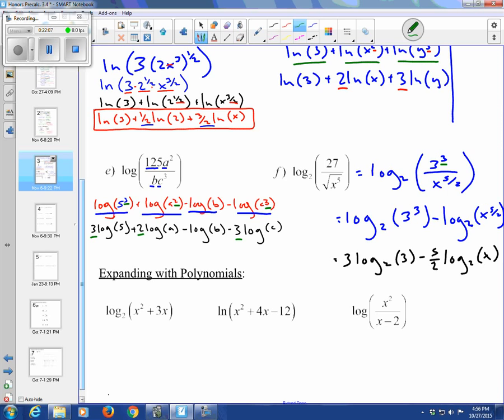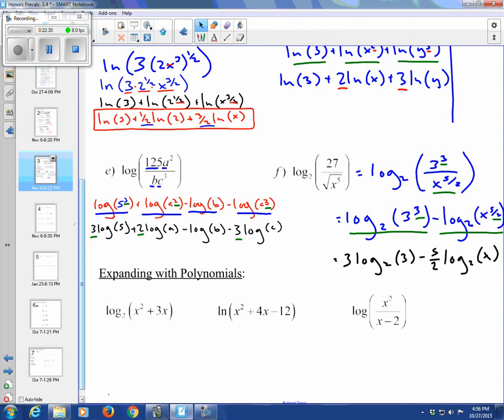And then right here with the square root of x to the 5th, I made that x to the 5/2 in the denominator. Now right here, that x to the 5/2 in the denominator is going to expand into a negative logarithm. And right here, since that 3 to the 3rd is in the numerator, it's going to be a positive logarithm, and then we can take those exponents and represent them as multiplications out front.